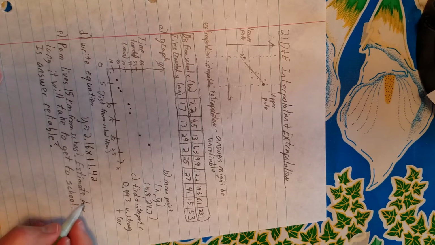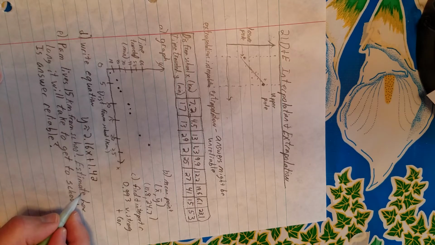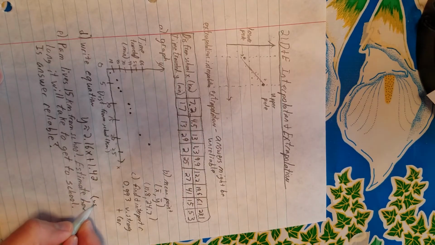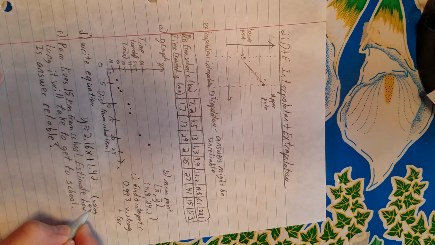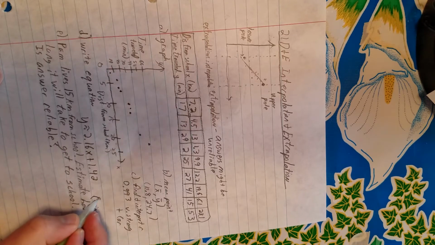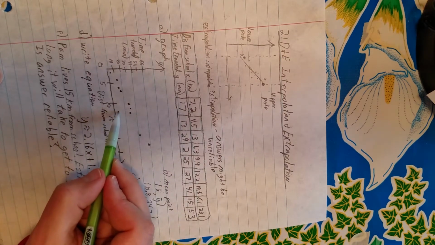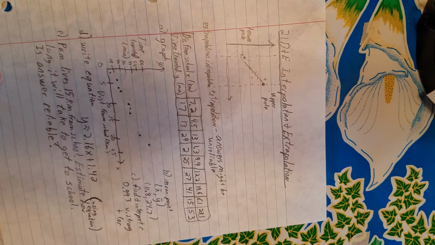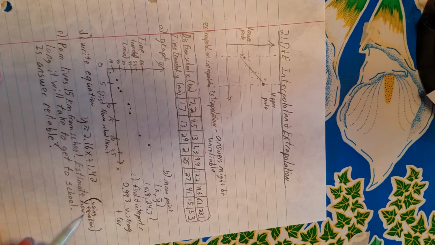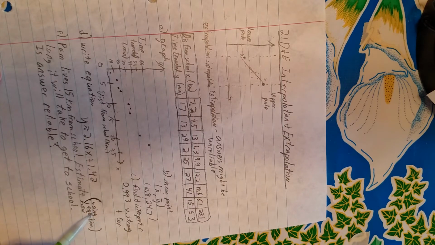Oh, I missed something here. This actually is important. Estimate using equation. So the other day or last week we were using the graph. So if we were using the graph, we draw the dotted lines and stuff. But when using the equation, we got to use the equation.